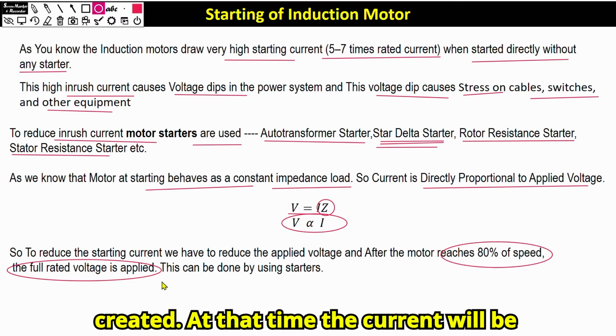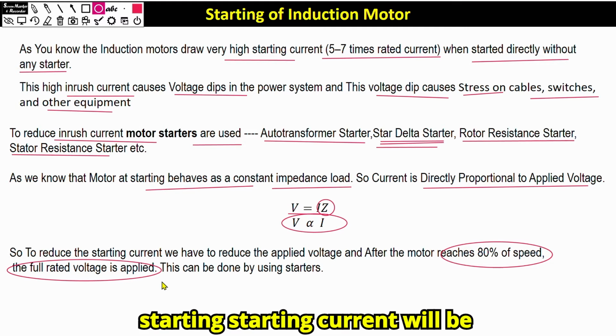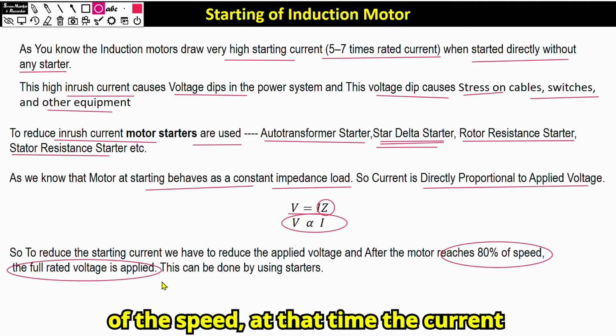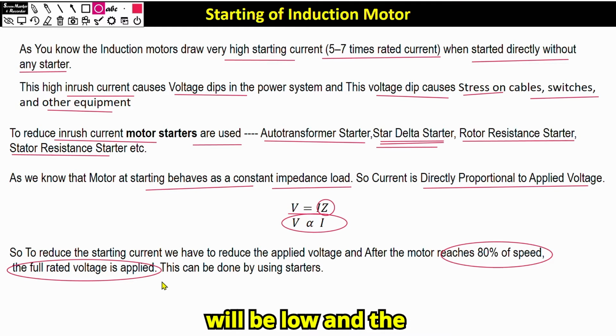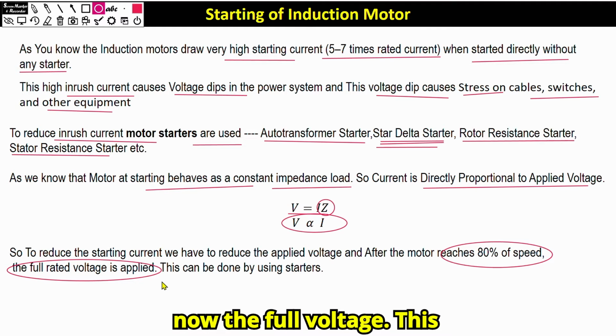At the starting the current will be very high, but when the motor attains 80% of the speed, at that time the current will be low, and we can now apply the full voltage.